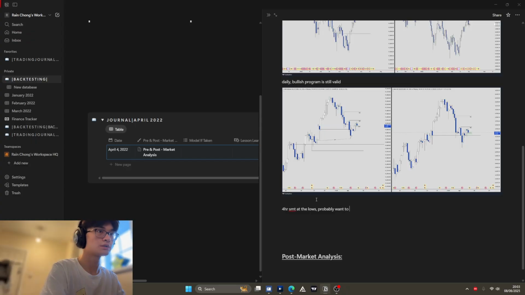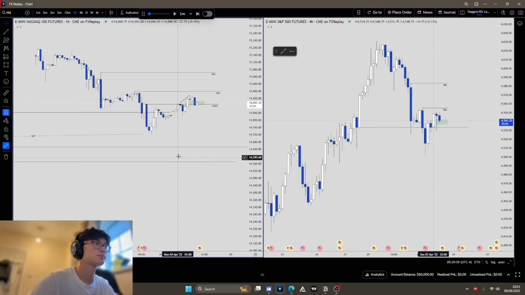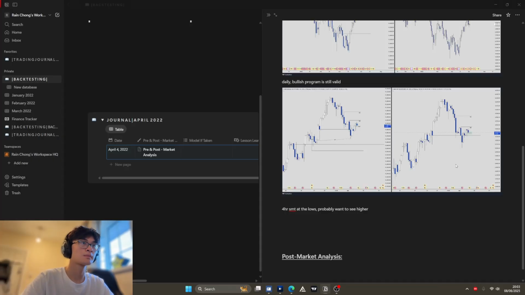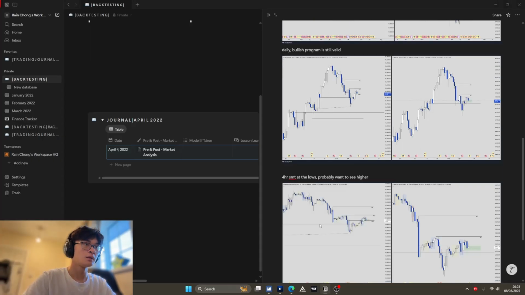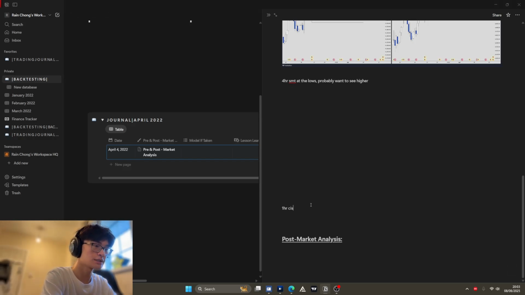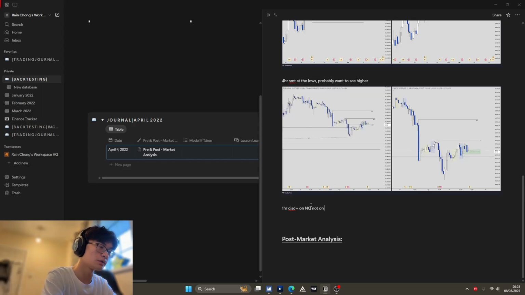Probably want to see one hour change. CISD on NQ, not on ES though. However, both order flow is bullish.